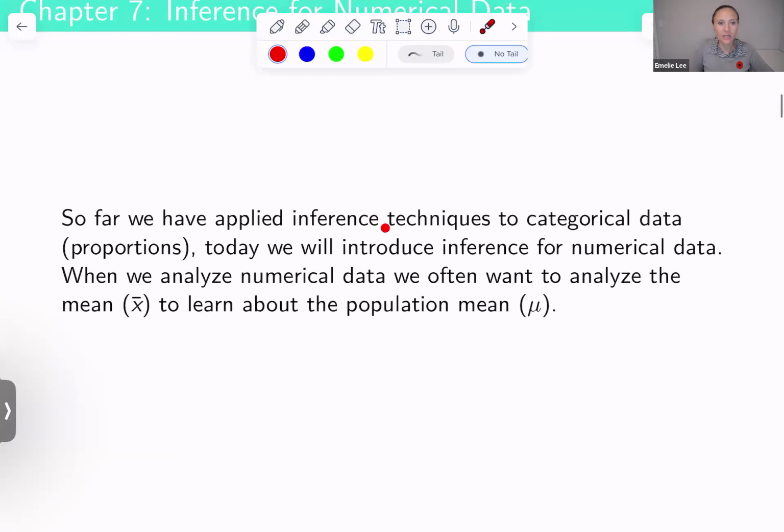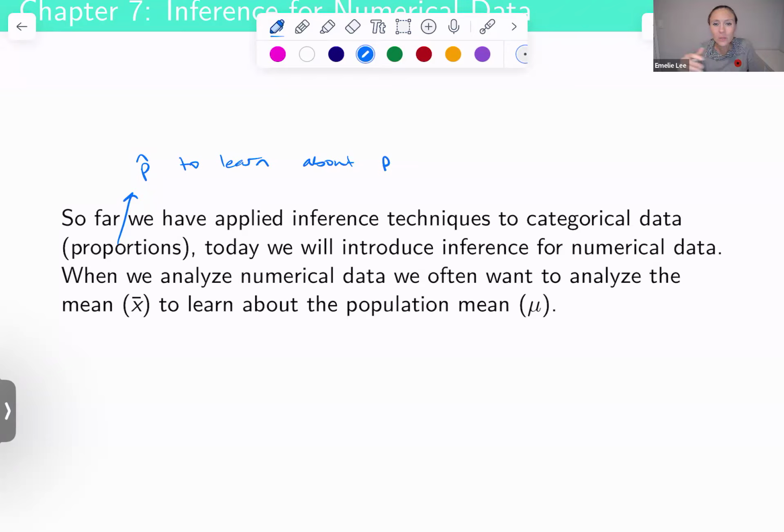So far, we've talked about inference, which is hypothesis testing and confidence intervals for categorical data, where we analyze proportions, right? For our sample, we have our p hat, which is our sample proportion, and we're trying to learn about p, which is our population proportion.